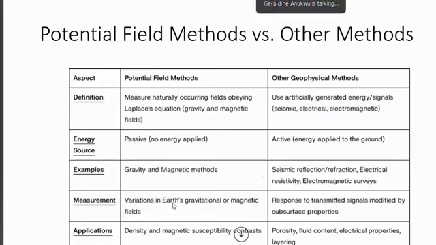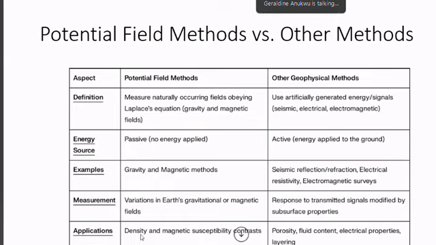We measure the variation in Earth's gravitational or magnetic fields. For the other ones, we measure maybe transmitted signals, or signals that are generally not potential fields. Even if it is natural, it doesn't obey Laplace's equation. Then density and magnetic susceptibility contrast. How do we apply it?